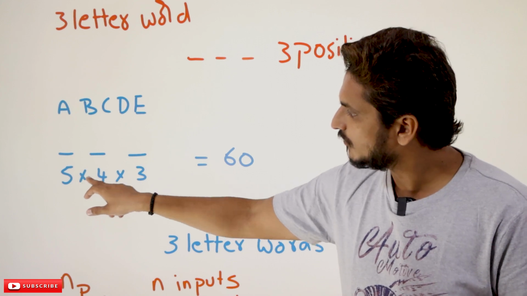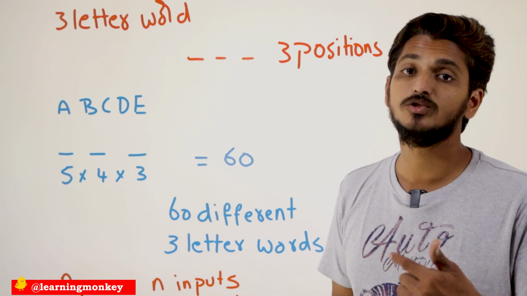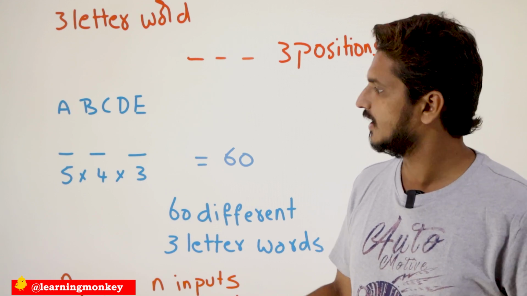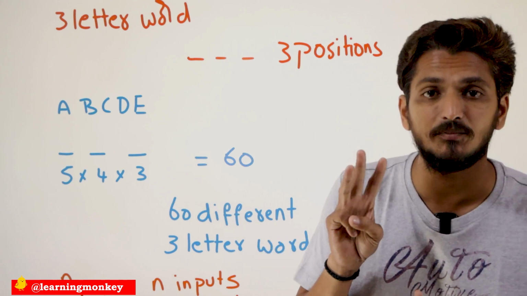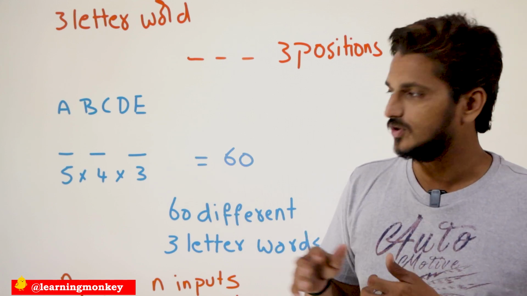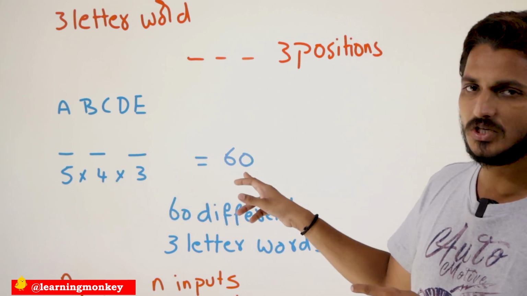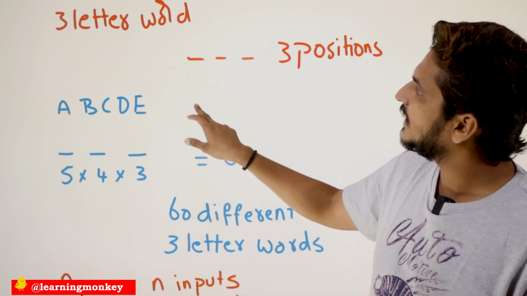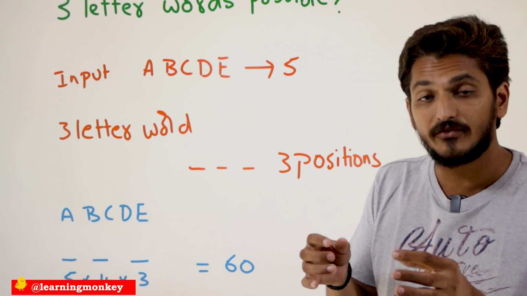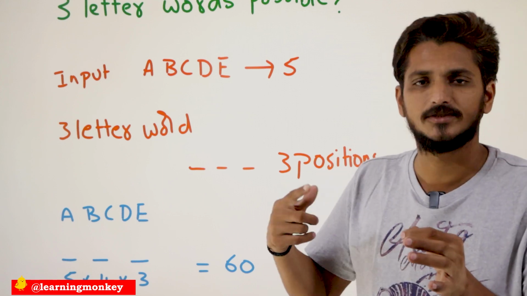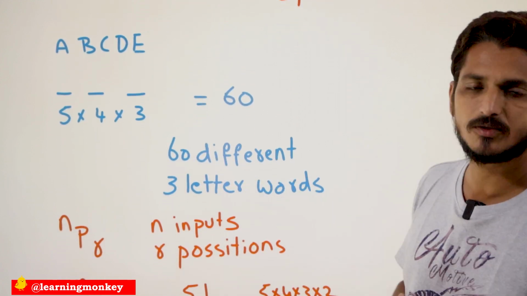And we are going with multiplication, 5 multiplied by 4. Why we use multiplication, we discussed previously. And if you fill the second position, the third position can be filled with 3 different possibilities. So this is what our output is. 5 multiplied by 4 multiplied by 3, which is 60. Using this A, B, C, D, E, you can form 60 different 3-letter words.